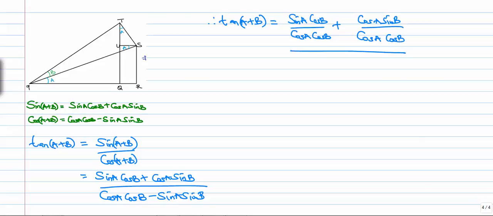You'll observe that once we start the algebra videos. Okay, so as you divide every part of that by cos A and cos B, you'll obtain the first part.